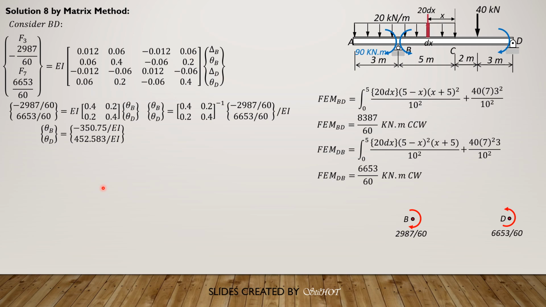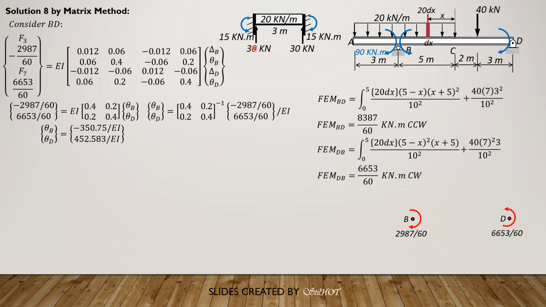Next, we consider just AB as fixed. So if A and B are fixed, then we have the same moment, which is 20 times 3 squared over 12. 20 times 3 squared over 12 is 15. That's counterclockwise here, clockwise. It's also 15 by symmetry.